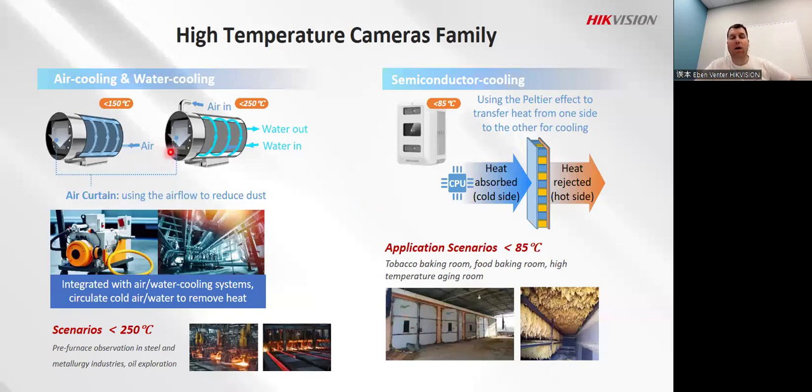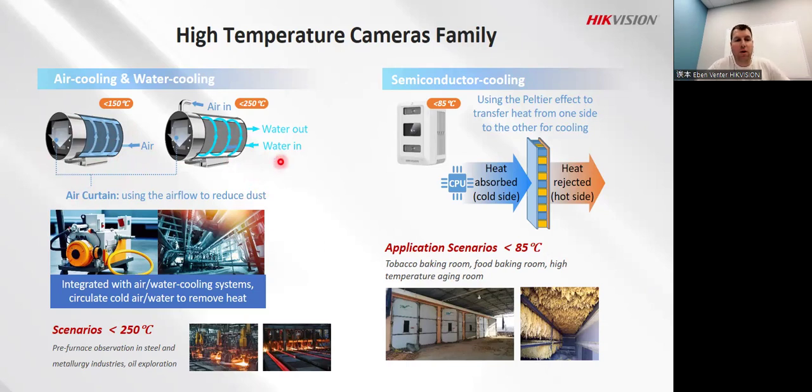Next one is our high temperature environment family of cameras. So we got different options here. We got ones that work with air itself, so 150 degrees Celsius, but it's just the airflow that goes through that. And then we have the higher end one that uses airflow and water cooling going in and out. We provide the fittings for those, but obviously not the water pipes, that's obviously yours.